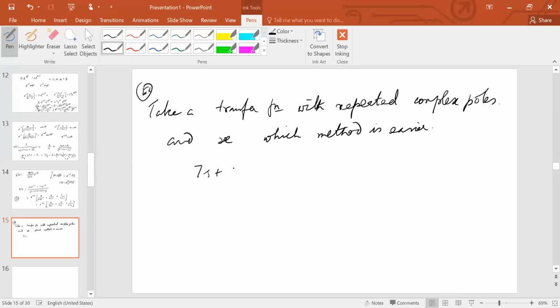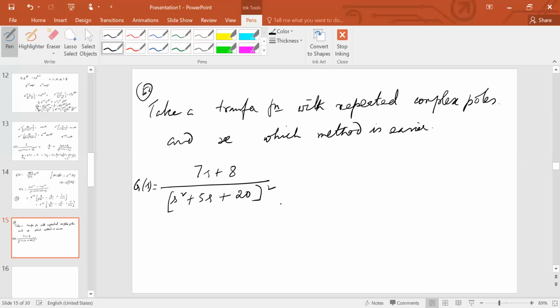Suppose you have 7s plus 8 upon s square plus 5s plus 20, the whole squared. This is your G(s).